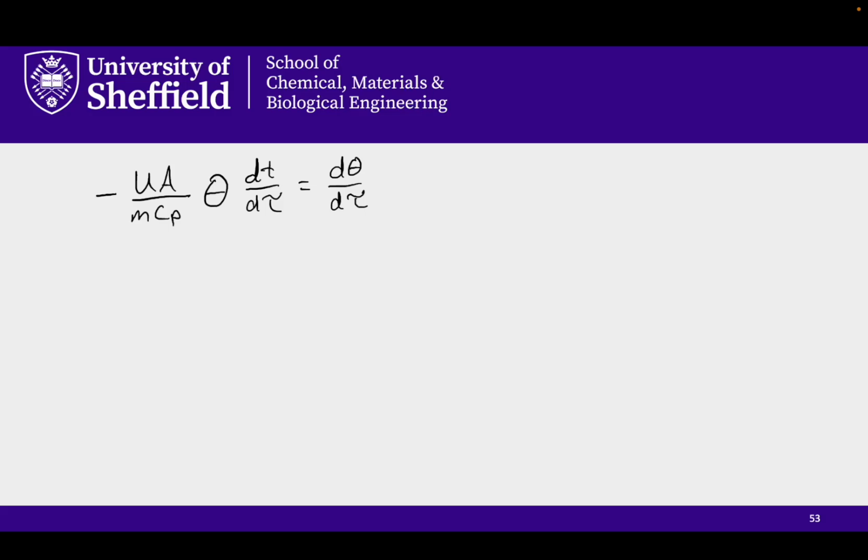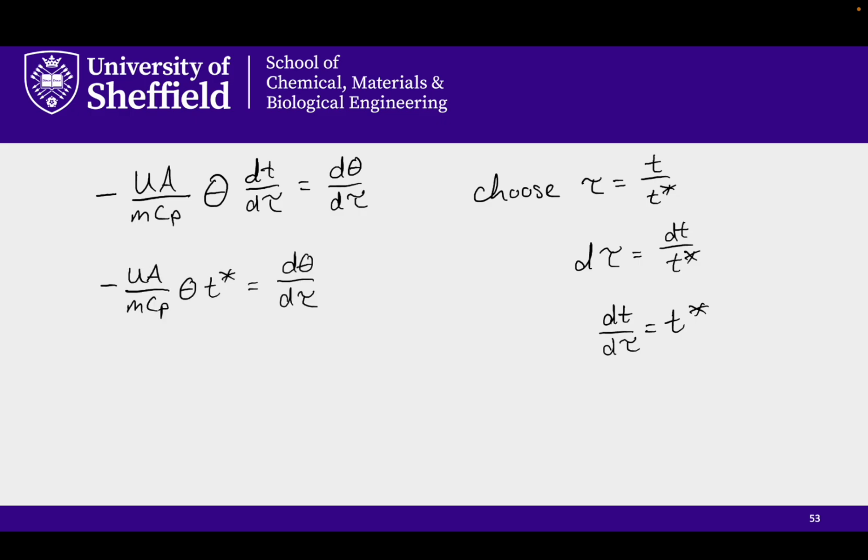We still need to get rid of the dimensional time variable. And so we're going to choose a very generic expression here. Tau is just t over t star. We're not even going to try to define t star because it will just cancel out actually. So implicitly differentiating, we solve for dt/d tau, and then we plug that into our governing equation.